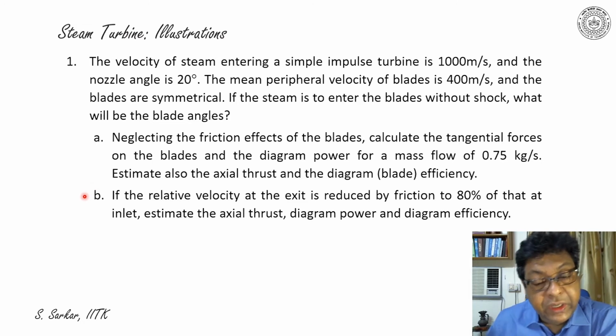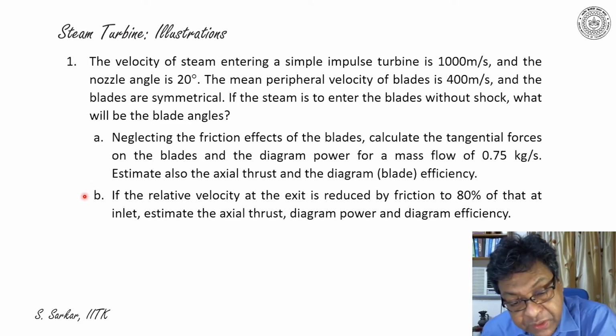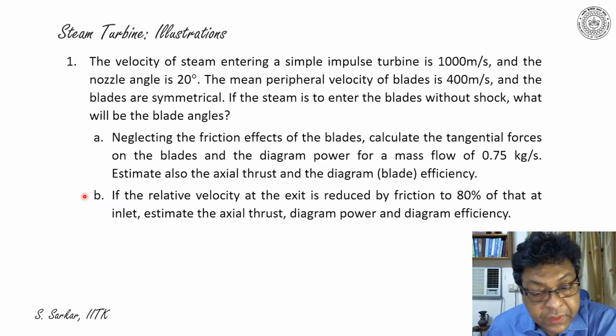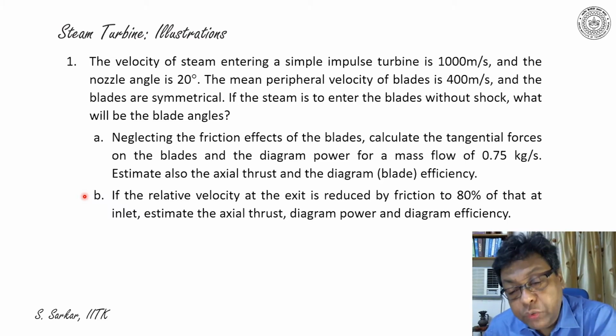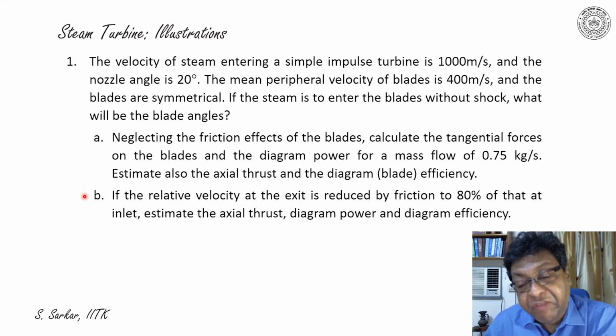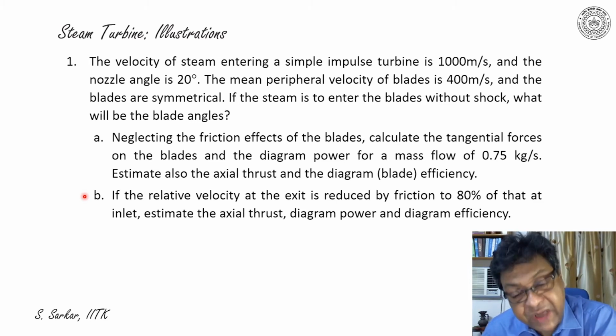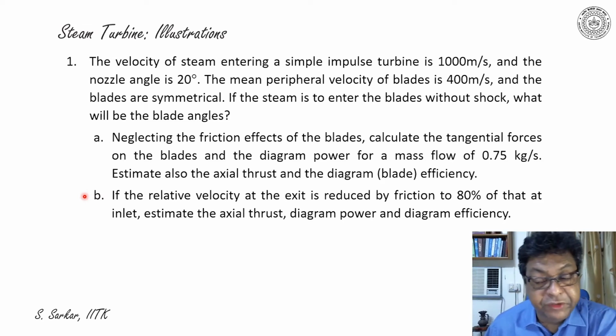Part B, if the relative velocity at exit is reduced by friction to 80% of that at inlet, estimate axial thrust, diagram power and diagram efficiency.